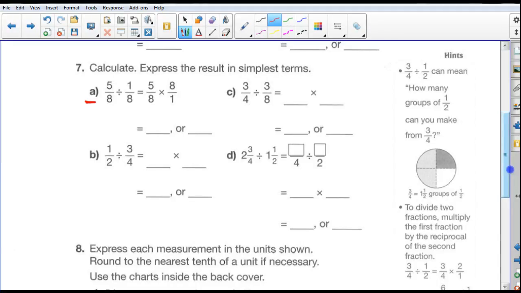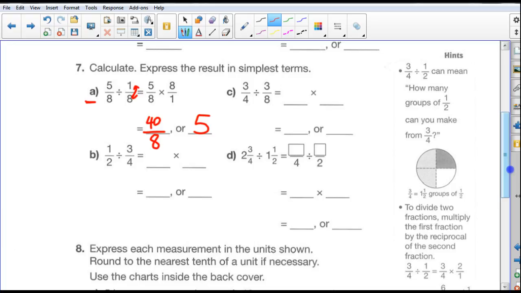Well, that's the same as 5/8 times, and I flip and reverse those two numbers on the second fraction, and it's 8 over 1. So I take the top number, 5 times 8 is 40, all over 8 times 1 is 8, and 8 goes into 40 5 times. So I can say that 5/8 divided by 1/8 is the number 5.